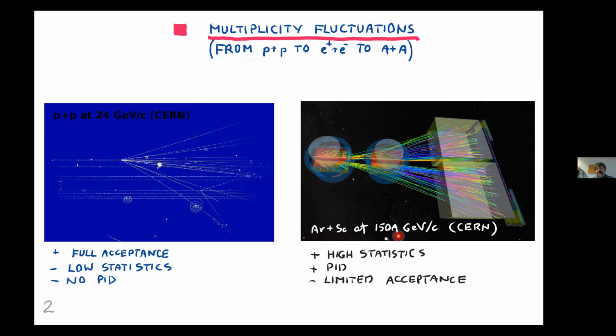A means that if I have a nucleus with 100 nucleons, then the total energy will be 150 times 100. The square root of s per nucleon pair is about 17 GeV, so it's somewhere in the best energy range. Now, properties of this data: high statistics, good PID, but limited acceptance.